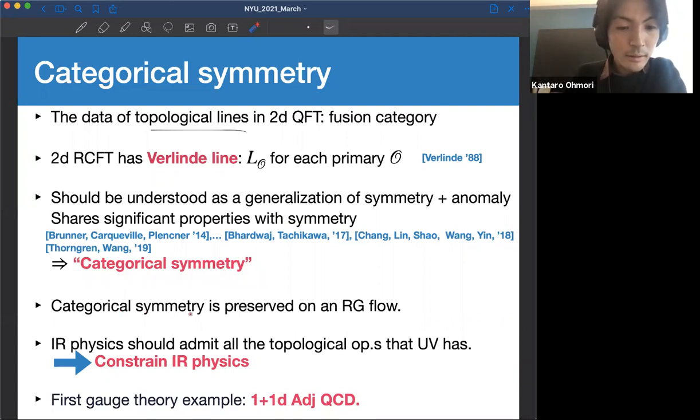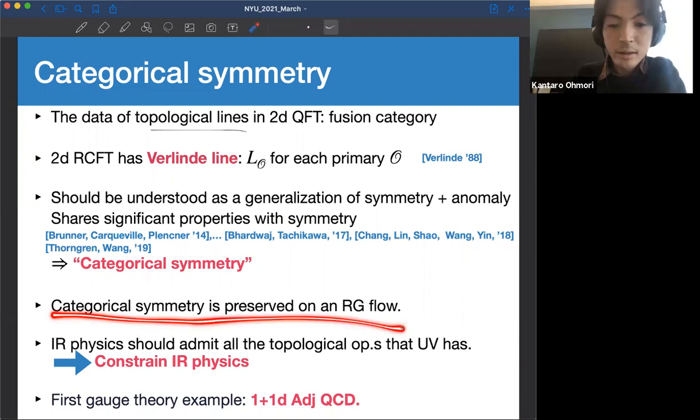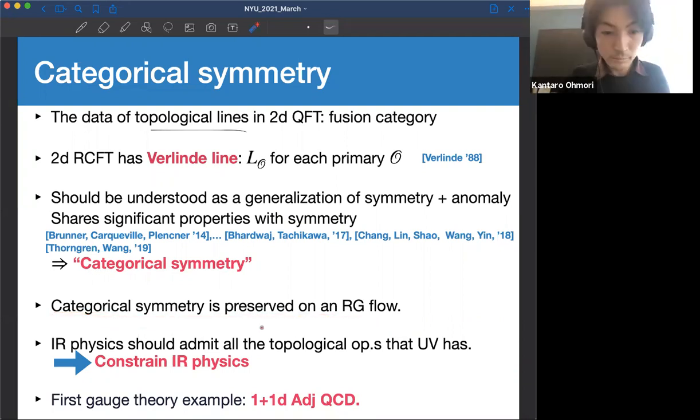The crucial property that is important in this talk is that categorical symmetry is preserved under RG flow. In other words, the IR physics should admit all the topological operators that the UV has. Such topological operators do constrain the possible IR physics.